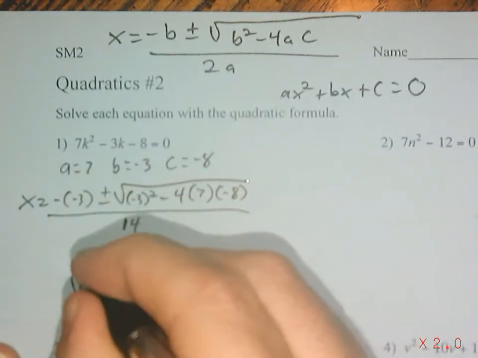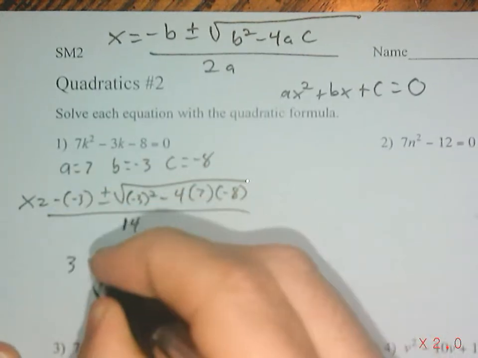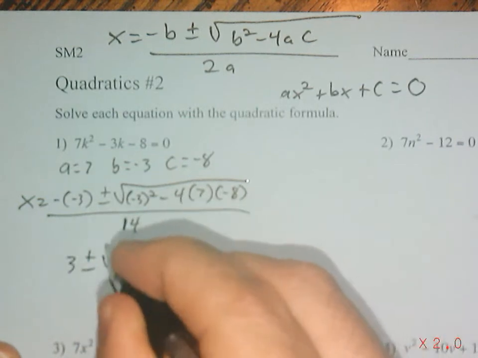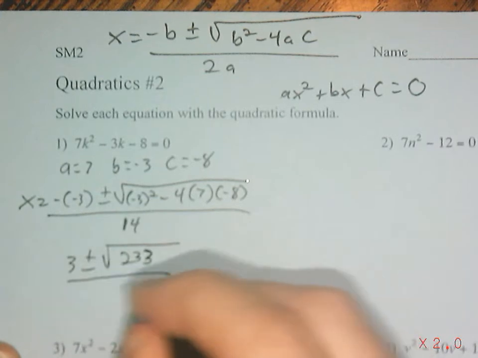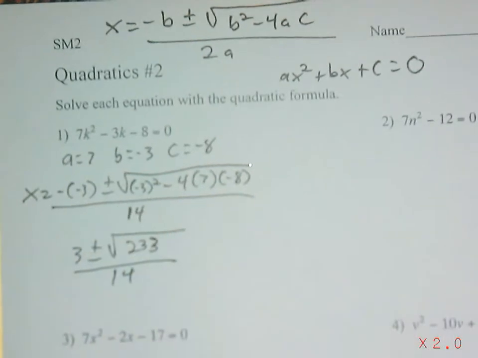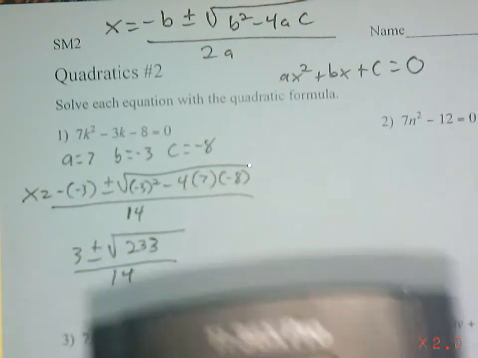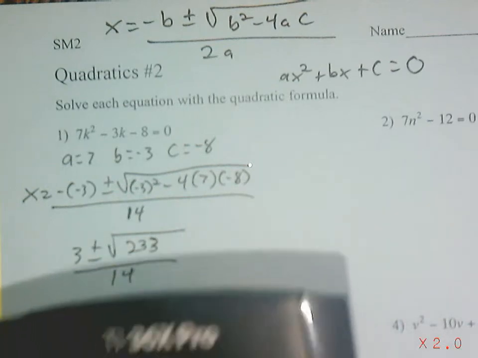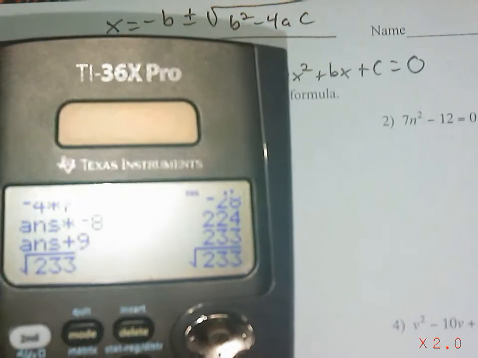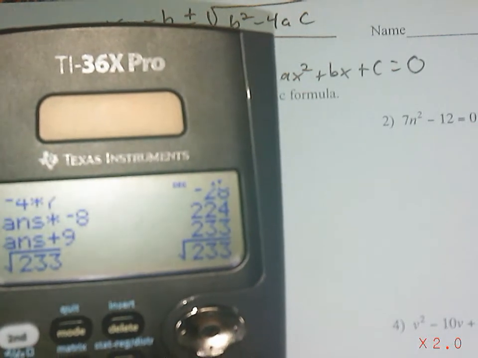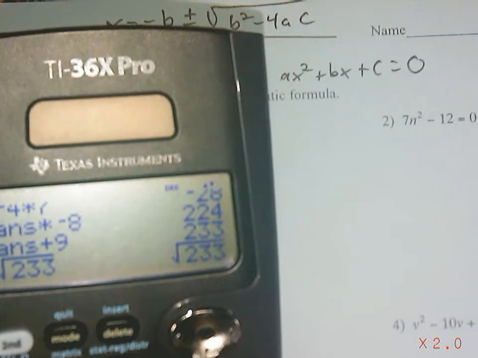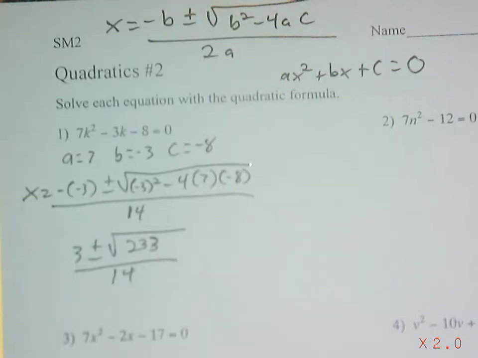So I would have 3, because those negatives will cancel out, plus or minus the square root of 233 all over 14. Now, what is the square root of 233? Well, it's not pretty. It does not factor down or break down at all. It just stays as the root of 233.